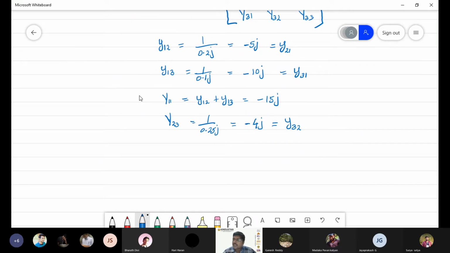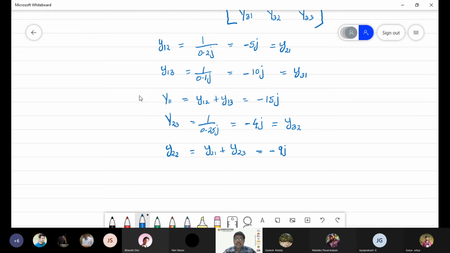Now we need to find y22, that is y21 plus y23. y21 is equal to y12, that is minus 5j, plus y23 which is minus 4j, so totally it will be minus 9j.